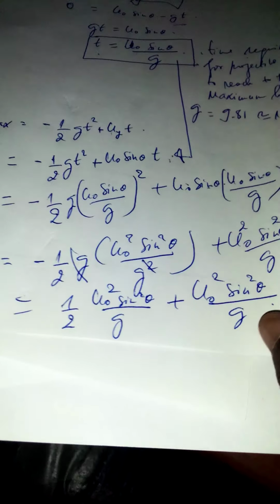This can be simplified, and we remain with minus 1 over 2 u0 squared sine squared theta over g, plus u0 squared sine squared theta over g.